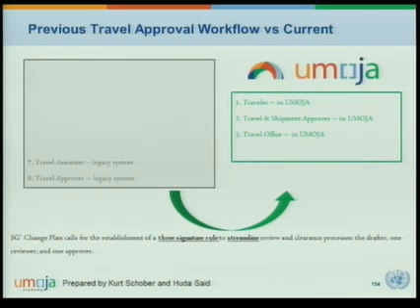Many of the entities, OCHA, UNEP, decided that travel for all D directors and below will be done by the traveler themselves. Only ASG and USG will have their travel entered by a travel administrator.